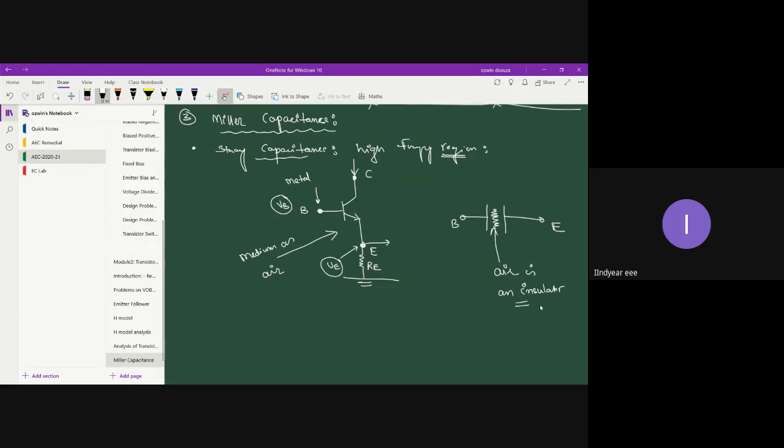So indirectly, there exists a parallel plate capacitor or a simple capacitor, because you have two metal contacts separated by air, which acts like an insulator. So there exists a capacitance effect between the terminals of the device. Since these two are electrodes, this capacitance is called inter-electrode capacitance.